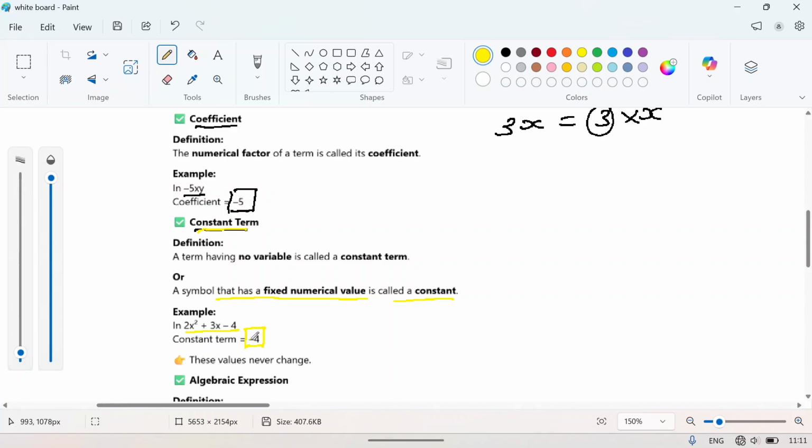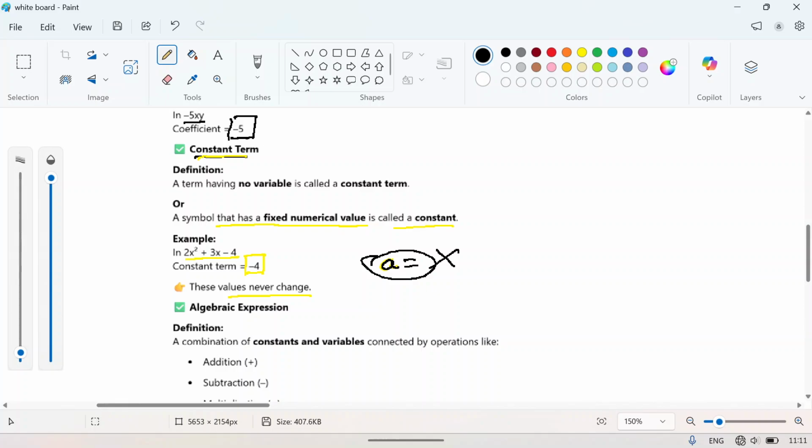This numerical value which doesn't have any variable part is called a constant term or constant. Its value is always fixed. Sometimes we represent it with an alphabet like A, but in that case the value of that alphabet is never going to be changed. So the part of an algebraic expression which has a fixed numerical value is called the constant or constant term.